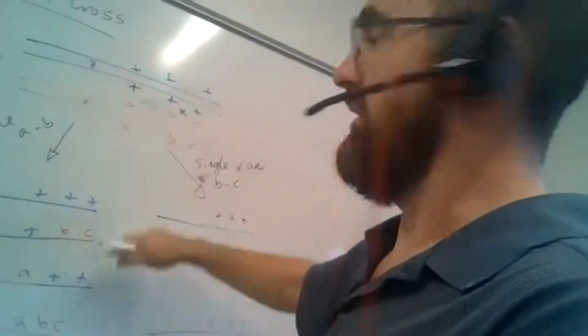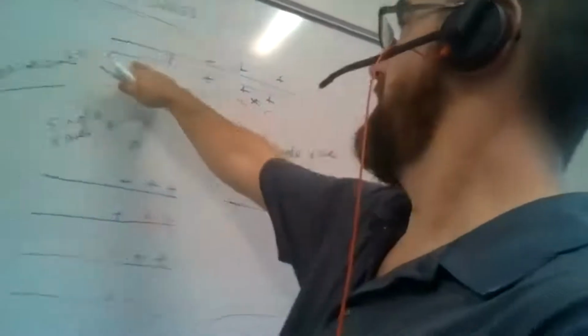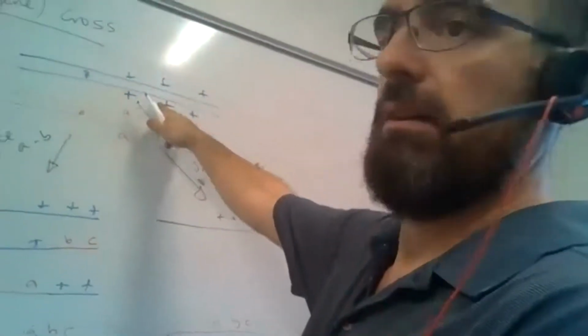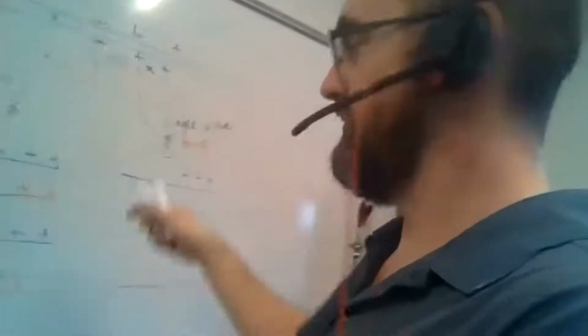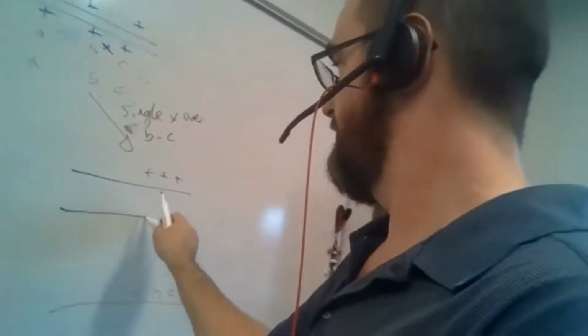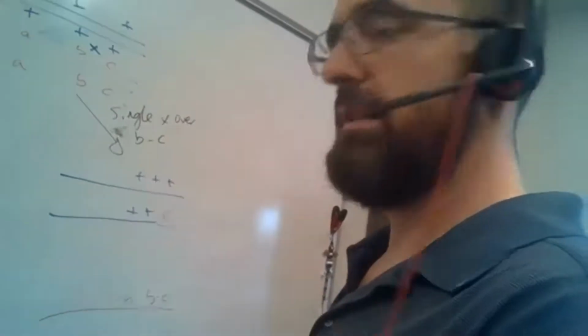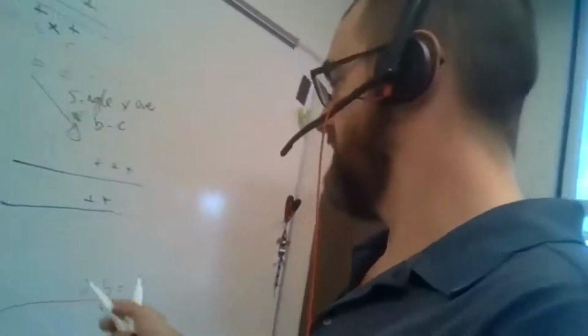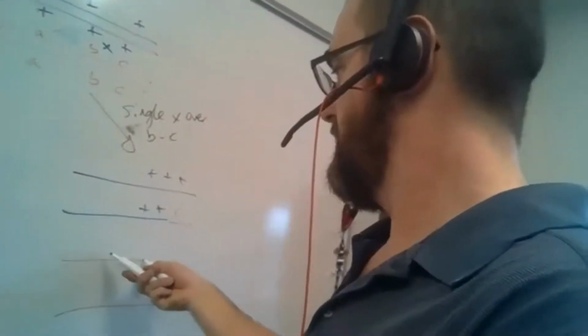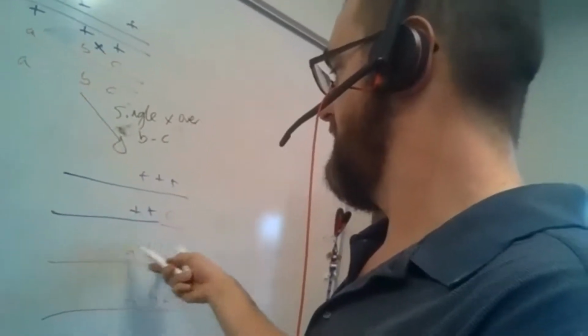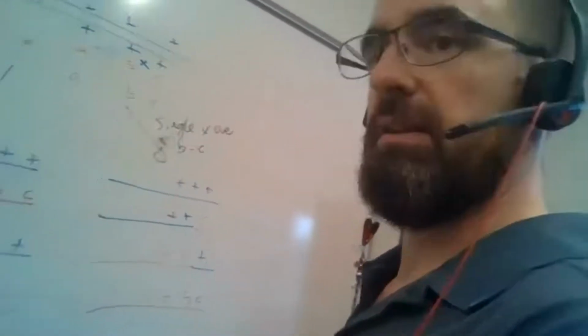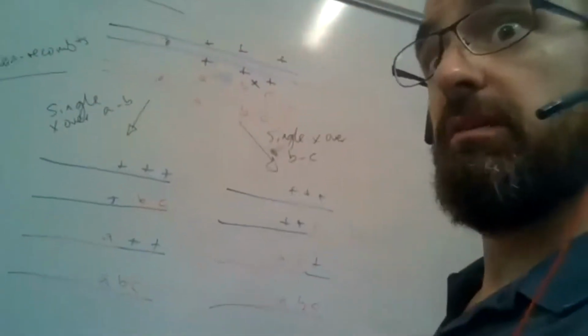Now, recombination's occurring here. So you go along, we've got plus plus, and then C. Plus plus, C. And the reciprocal, right? You'll always have the opposites. So that'll be AB plus. So far, so simple, right?